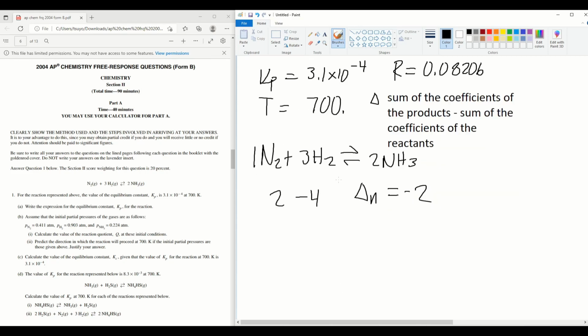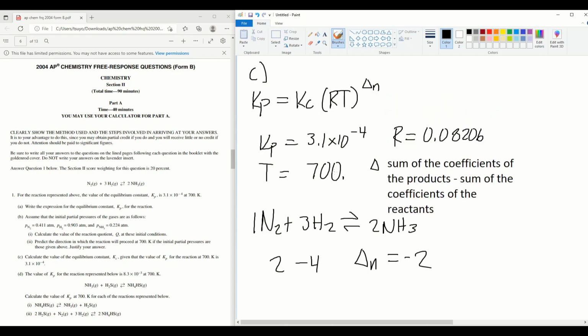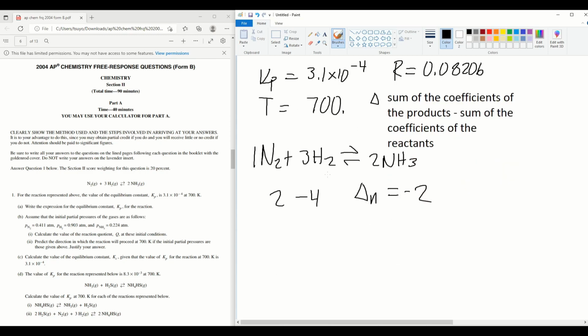So we know all these values now, and it's just like algebra, so we can solve for Kc. So it will be Kp is equal to Kc. Actually, sorry, I'll just rewrite this with the numbers in. So 3.1 times 10 to the negative fourth is equal to Kc times 0.08206 times 700 raised to the negative 2 power.